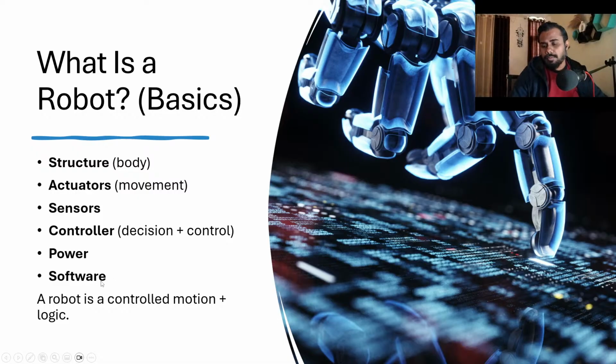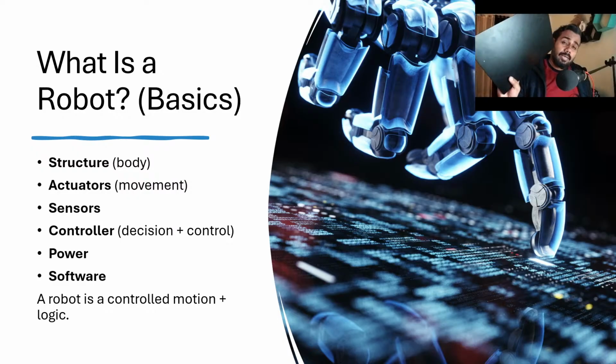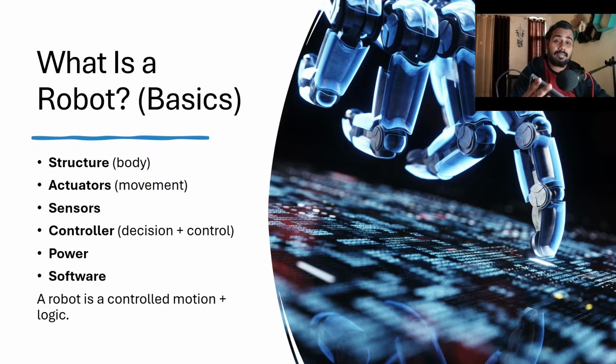Then we have software. In order to interact with the robot, we also need a software platform. That is going to be a laptop or a spare Android phone that I have, or it can be an external SSD on which I have already installed Ubuntu 22.04.